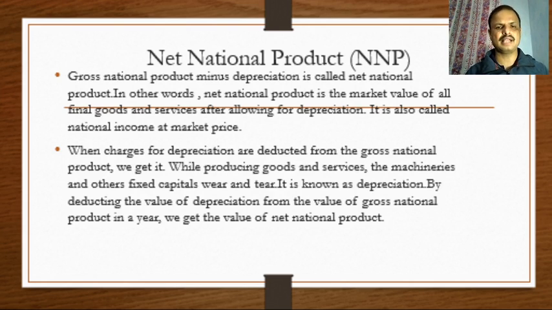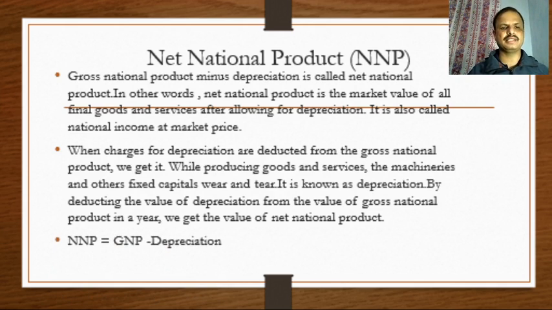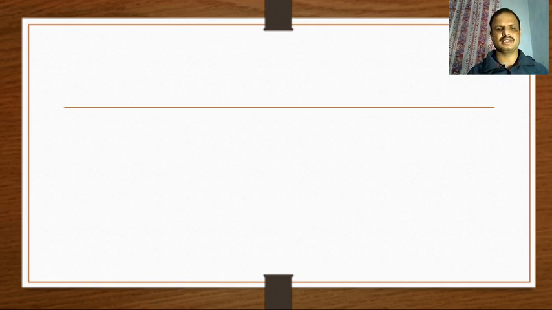So NNP is GNP minus depreciation. I hope you know these matters. In the same way, you can see here NNP equals GNP minus depreciation.